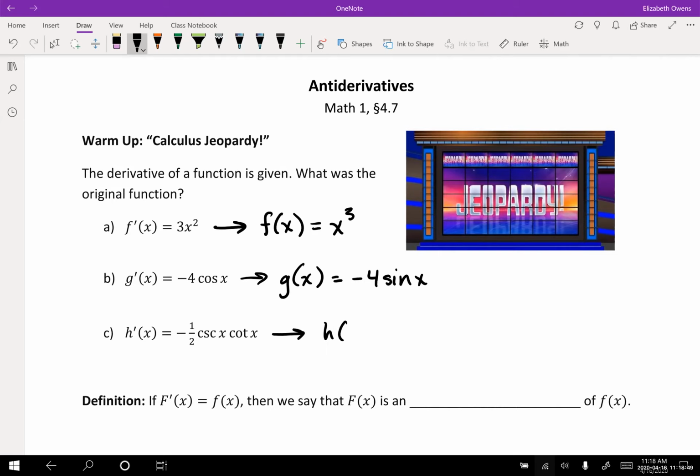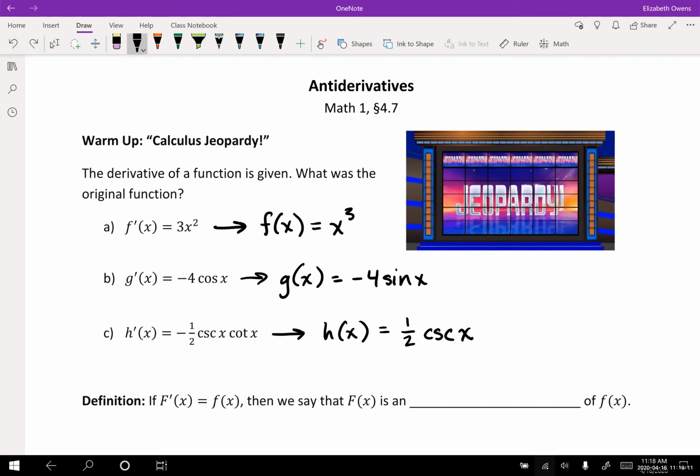So h of x is 1/2 cosecant x, because that 1/2 comes through as a multiplier, and then the derivative of cosecant x is negative cosecant x cotangent x, so it covers those other parts of the function. So yeah, very good, guys.